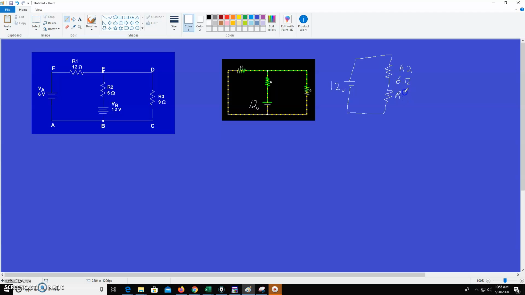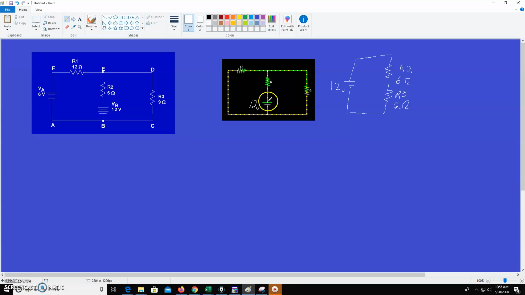And we're going to double check that again just to be sure that we didn't violate anything here. We left out of our positive and went through a 6 ohm, went through a 9 ohm, and came back to our negative. So this circuit matches thus far. Now we got to deal with R1 over here.